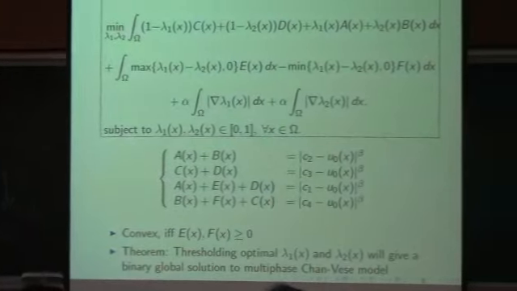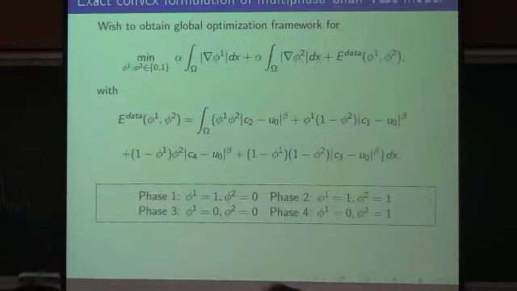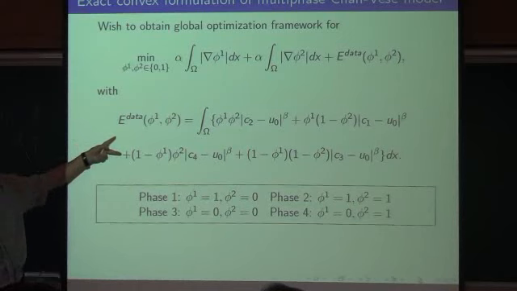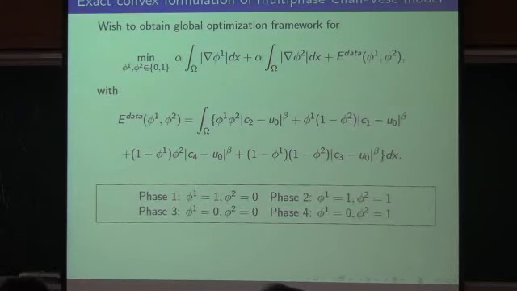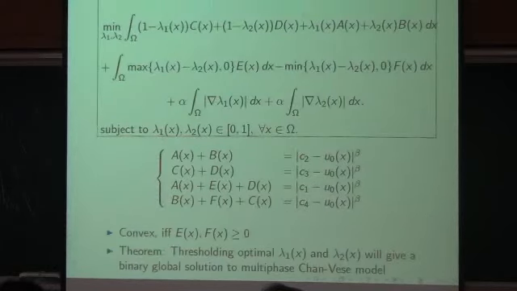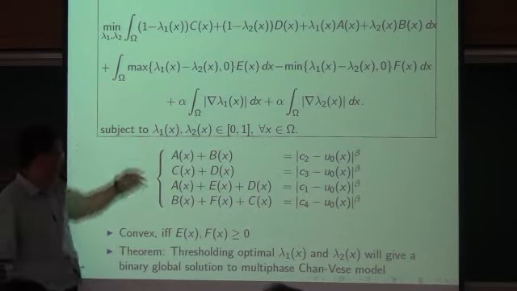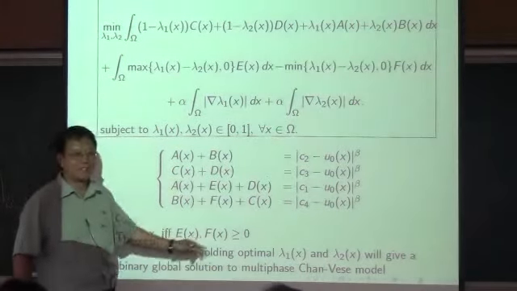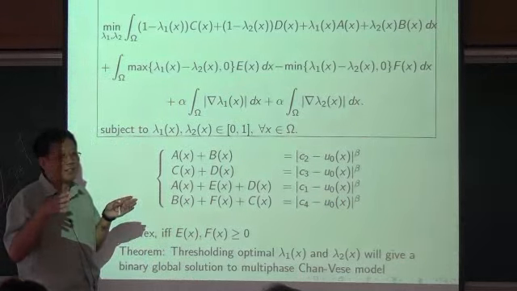It's equal to this one. So over this side is equal. However, this one is non-convex, and this one is convex with the lambda, assuming E and F are positive. So that's the secret.